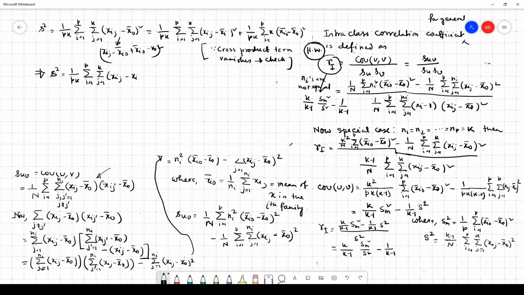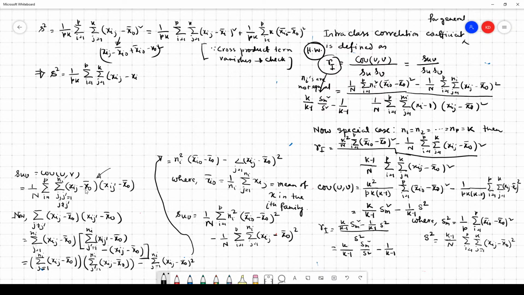So within a family, there are xij minus x naught bar, xij dash minus. Actually, if you consider the ith family, then j can pair only with j dash. If you consider two brothers j and j dash, then j can pair with j dash only once.